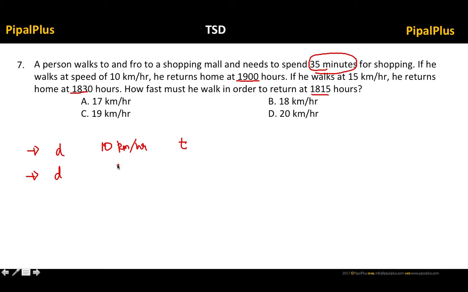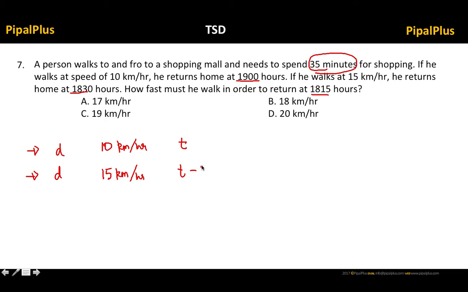This time he walks at 15 kilometers per hour, but instead of arriving home at 1900 hours, he arrives at 1830 hours, which is half an hour less than the travel time in the previous case. So the increase in speed is shaving off half an hour of his travel time.